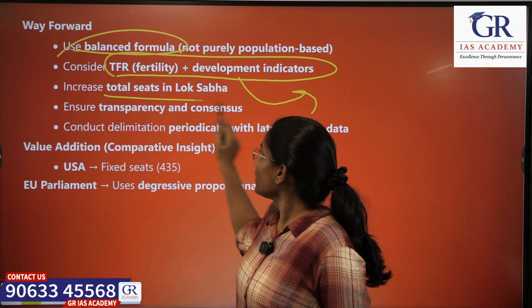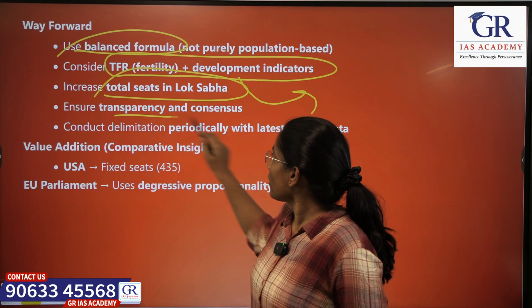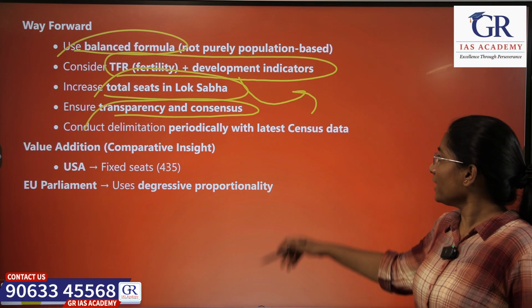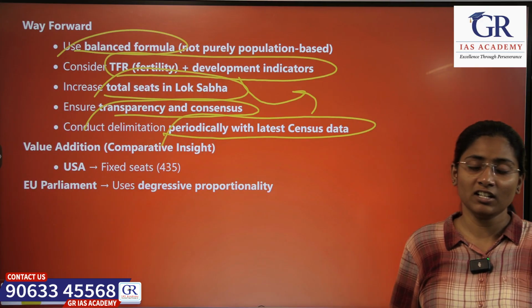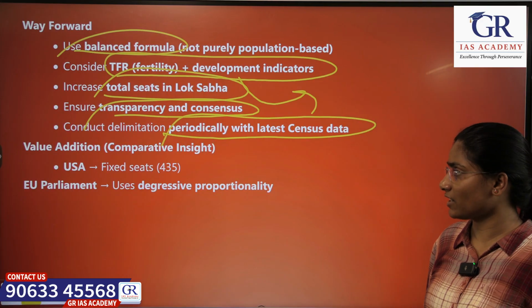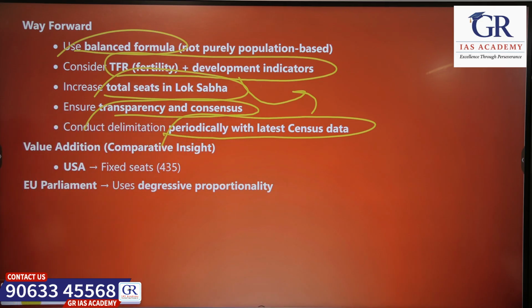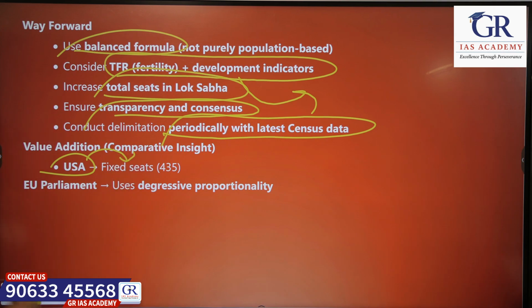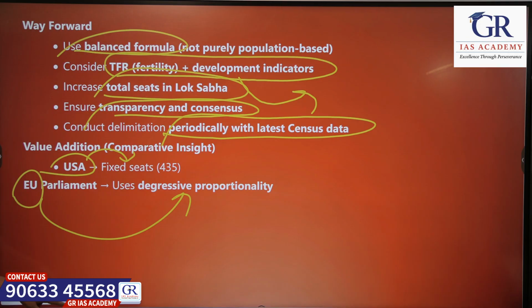And there is a need to increase the number of seats in the Lok Sabha to ensure transparency and consensus as well, and delimitation should be conducted periodically with the latest census data, okay. So, when you compare with other countries, USA has a fixed number of seats and EU has degressive proportionality, okay.